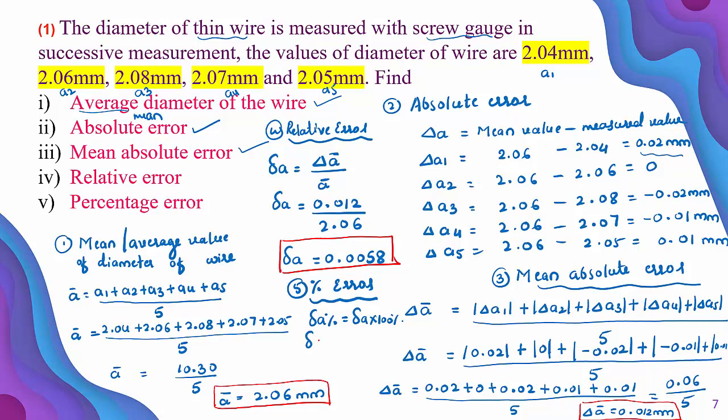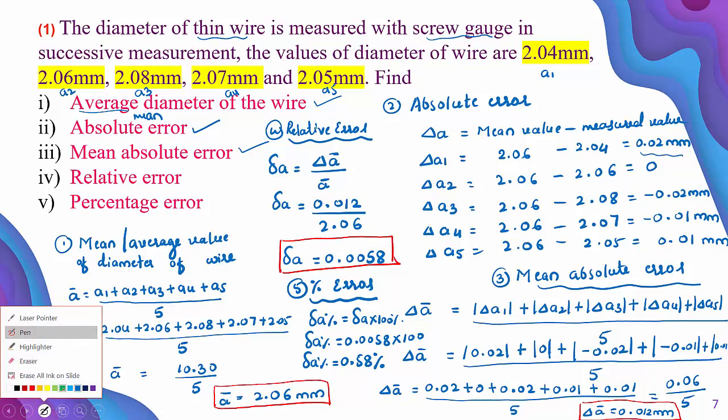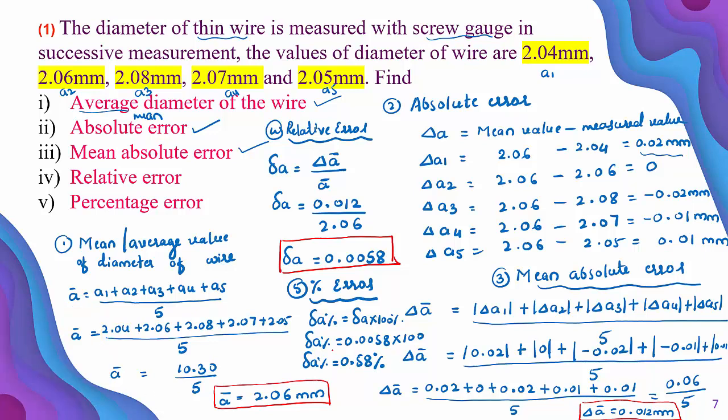That means delta A percent is equal to delta A we got, 0.0058 into 100, so that we will get delta A percent equal to 0.58%. So 0.58% is the percentage error. Right? So this problem carries 5 marks.